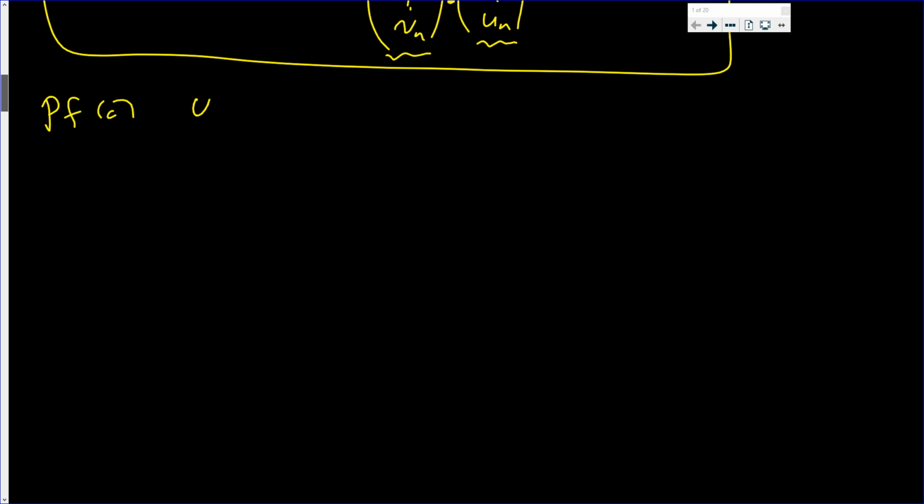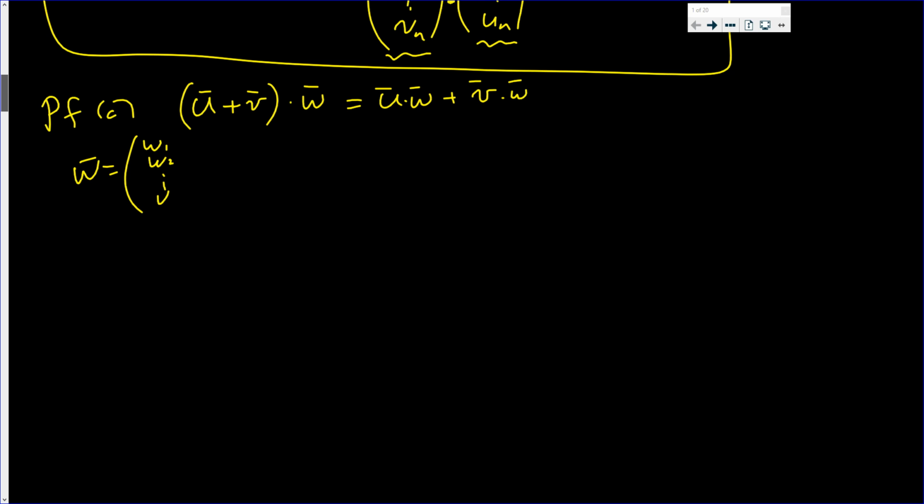C is u plus v dotted with w. This is supposed to equal u dot w plus v dot w. Okay, and w will equal w1, w2, up to wn, with u and v as defined earlier.